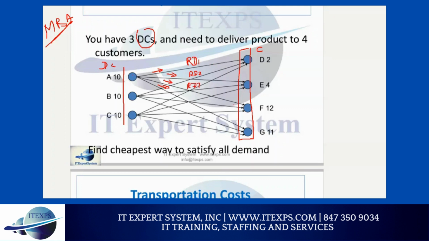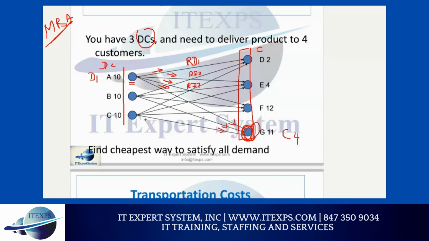So technically speaking, if I am customer number 4, customer 4 can receive items from 3 distribution centers. Do you guys agree? Yes or no? Correct. And one distribution center, let's assume distribution center 1, can supply to one of the 4 or all 4 customers. Do you agree?